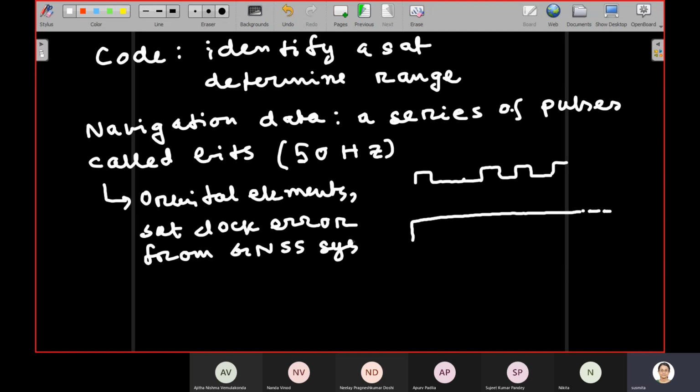Now each GNSS system has its own time, okay? So a GNSS system can also transmit its time offset from other systems. For example, NavIC transmits GNSS system time offset from GPS time, like that.